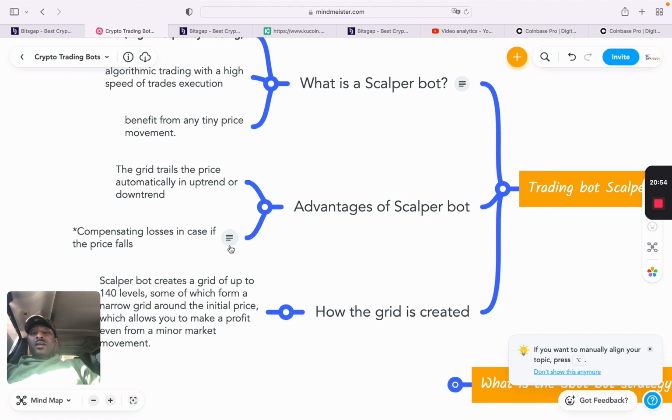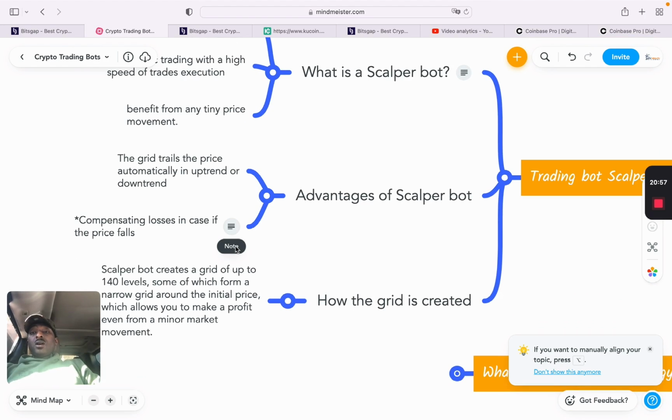It can compensate for your loss and help you to make it back up on future trades as well. That's another good thing, and it slides the grid as the prices go up. What that means is, like when you saw those grids, the 130 lines, as the price goes up, it's going to slide my grid up or down.